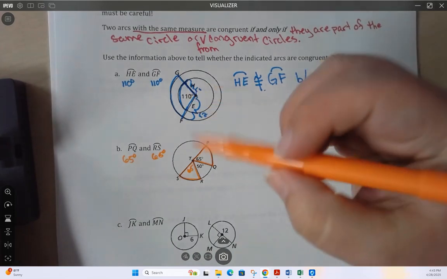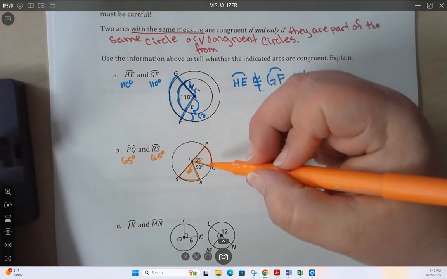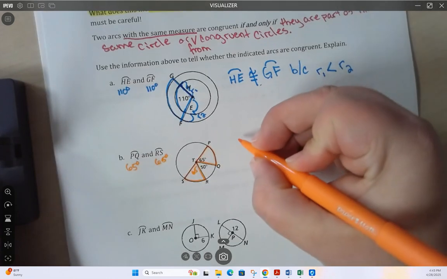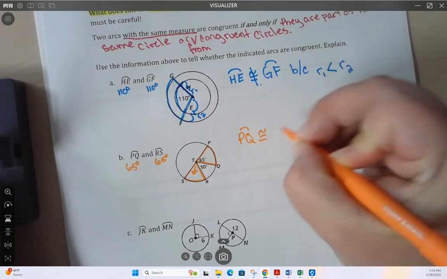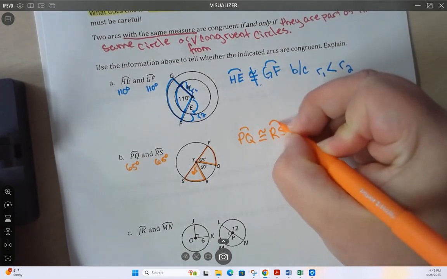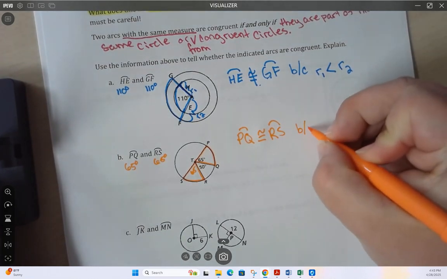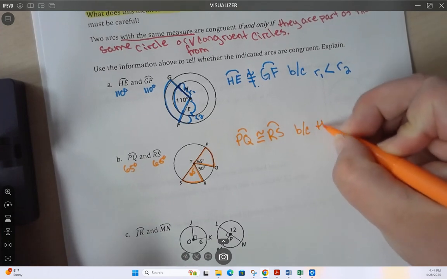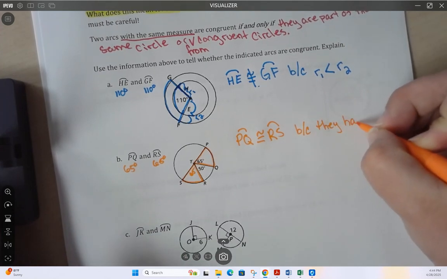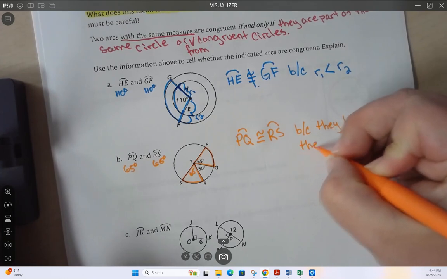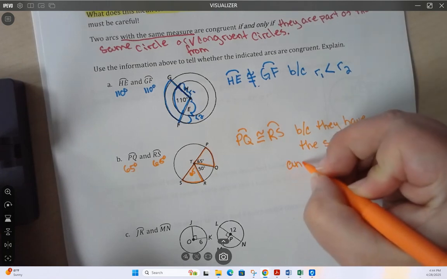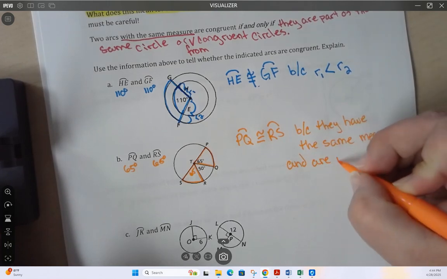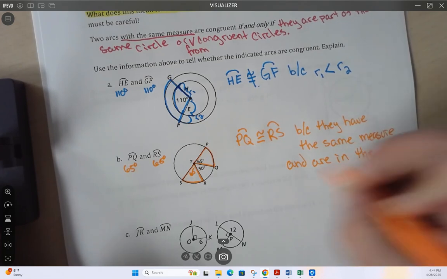Because these have the same measure and they are in the same circle, they are congruent. So PQ is congruent to RS, because they have the same measure and are in the same circle.